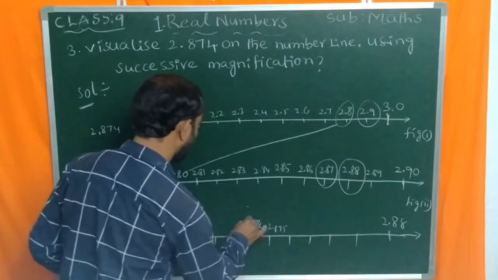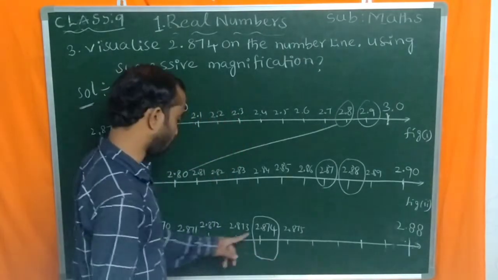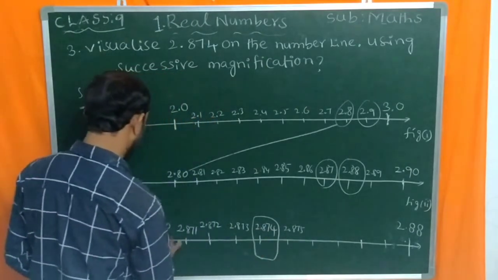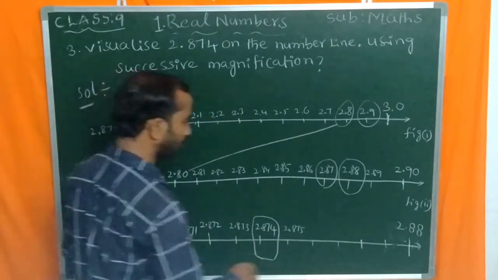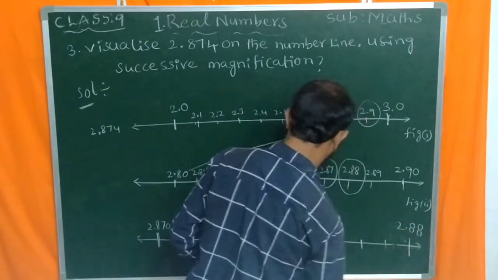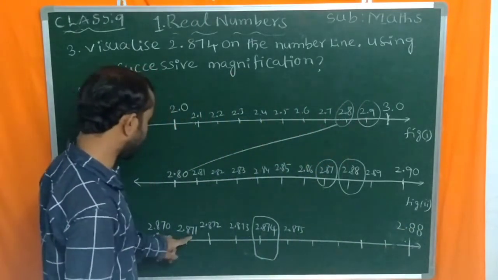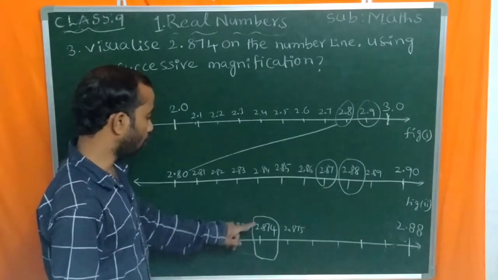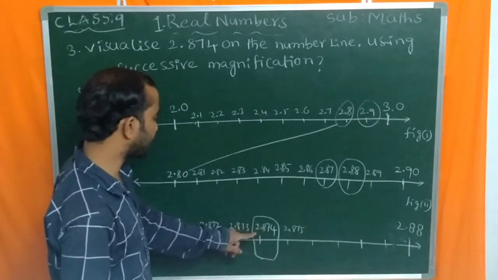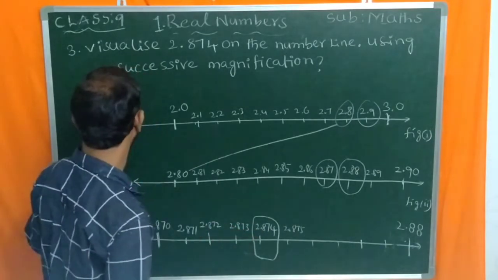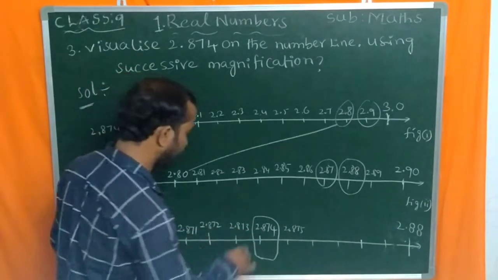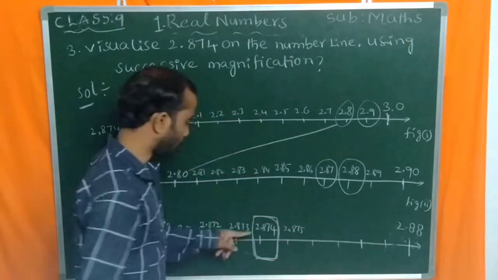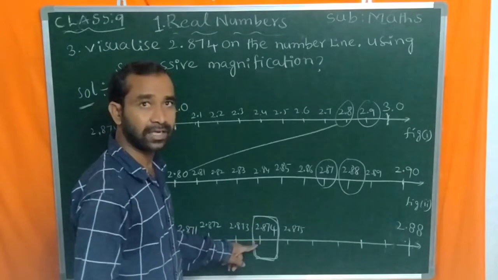So between 2.87 and 2.88 we have 2.871, 2.872, 2.873, 2.874. This is the required number, 2.874 located on the number line.